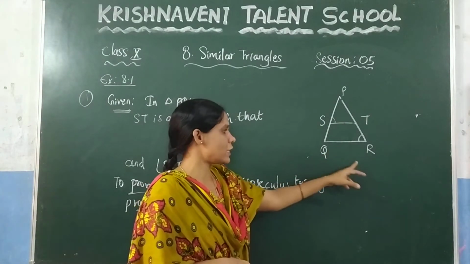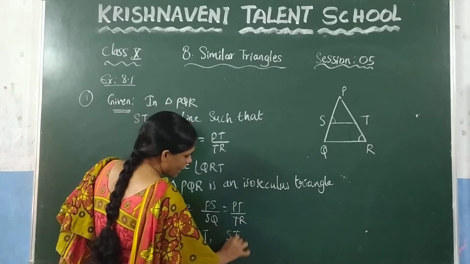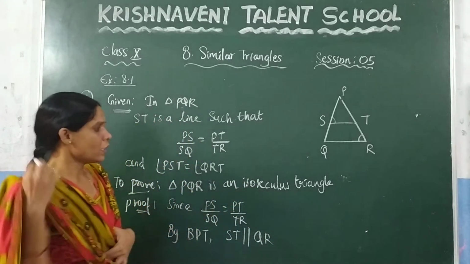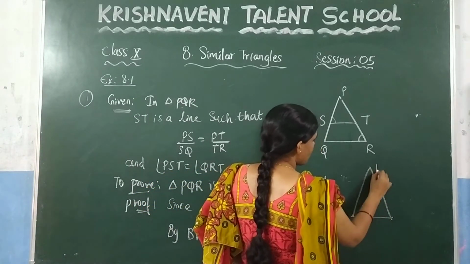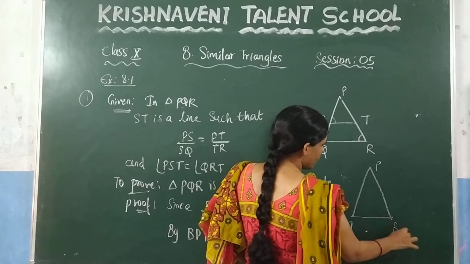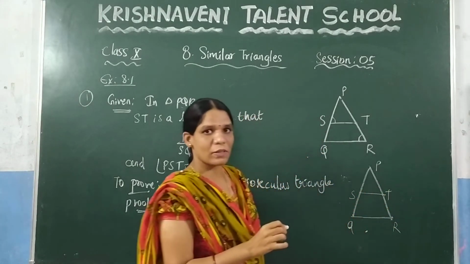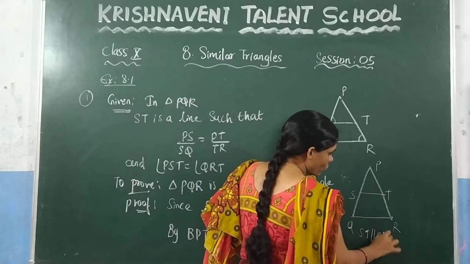In this case, the third side is QR. So by the basic proportionality theorem, ST is parallel to QR. Now I am drawing the triangle PQR again, where they have given one line dividing these two sides in the same ratio, and we got ST parallel to QR.